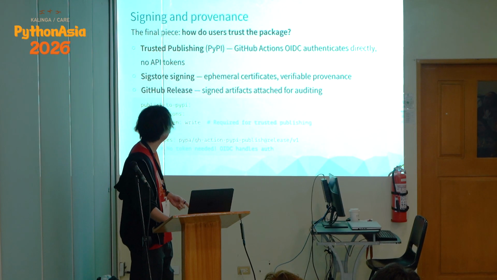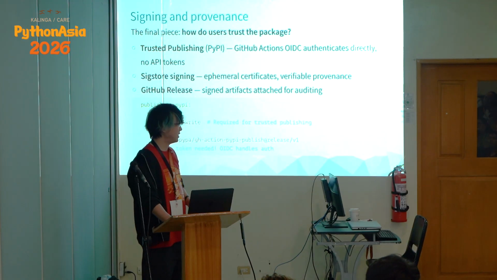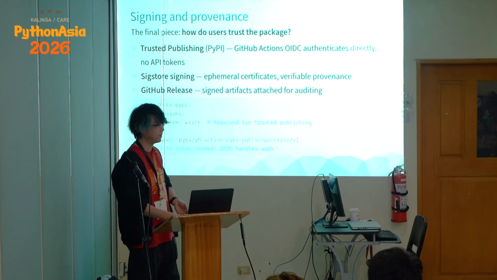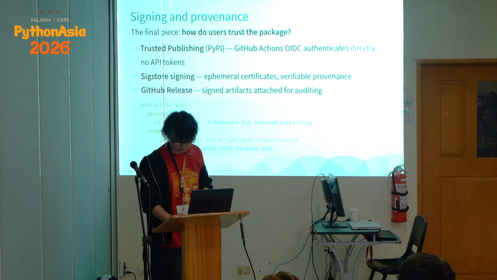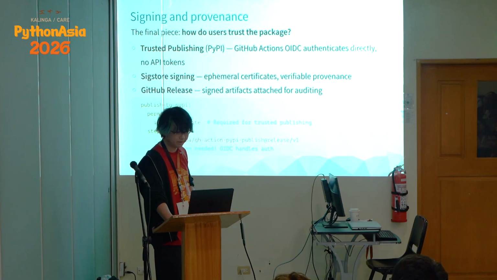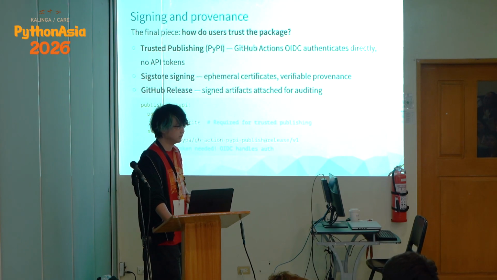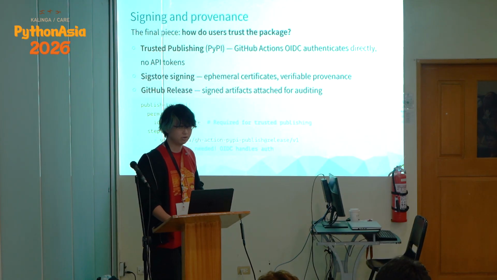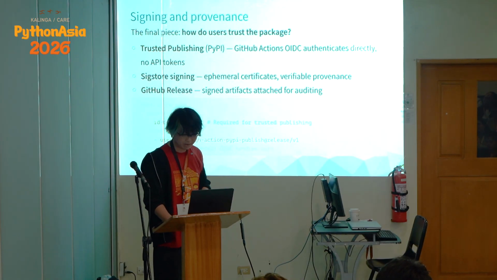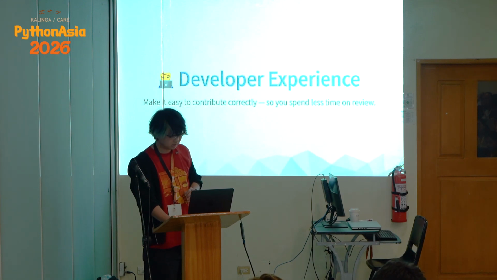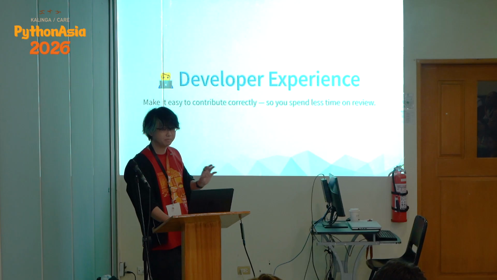PyPI is now offering an official way to sign your package on GitHub Actions or any other CI/CD pipeline. So it is highly encouraged to use this kind of security technique when you build a release pipeline in your CI/CD. Final section: the developer experience.